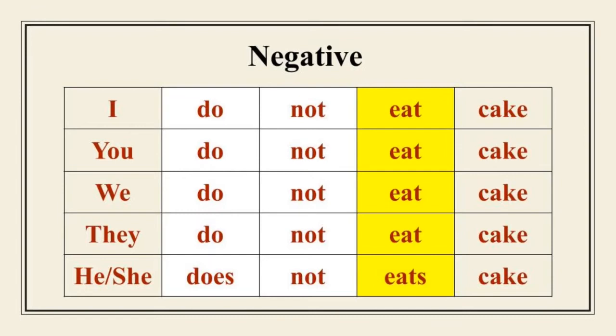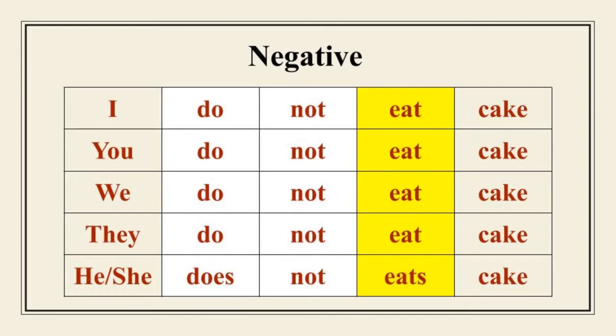Okay, for first person and second person we use do. For third person singular, it means he or she, we use does. It is only applicable for third person singular. We should use the auxiliary verb does only for third person singular.